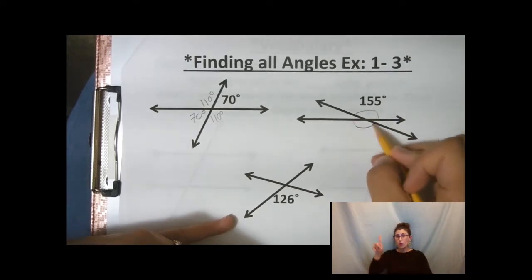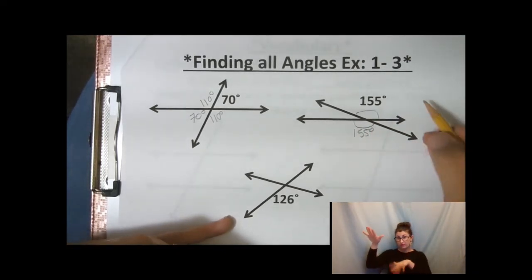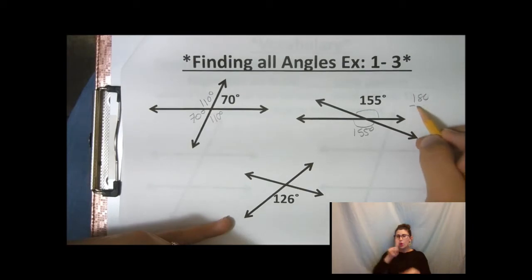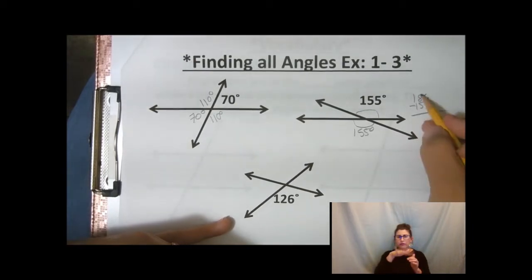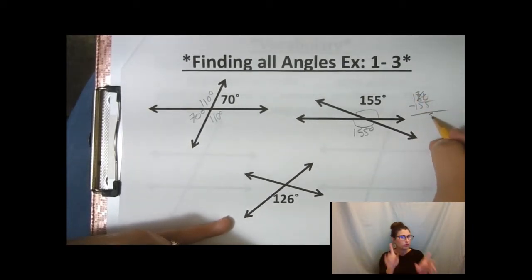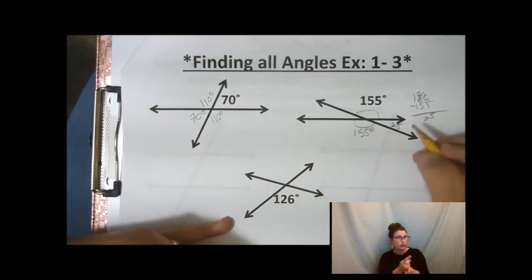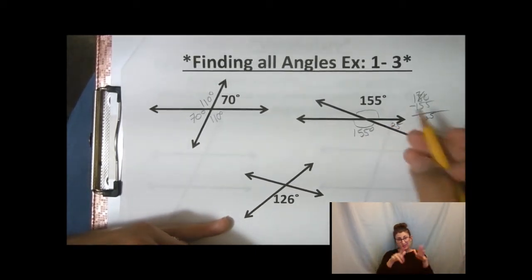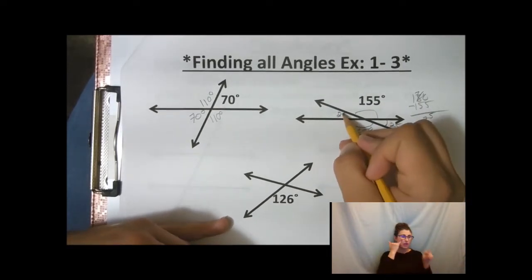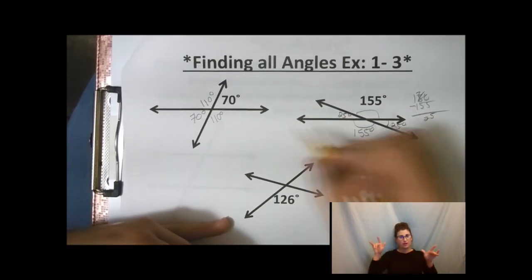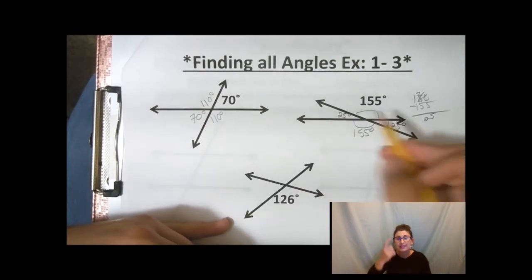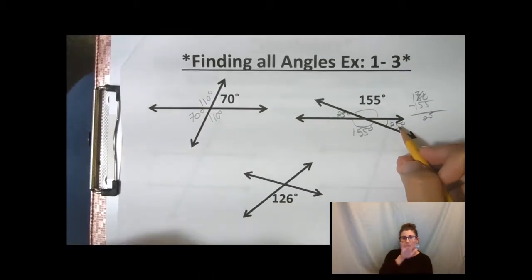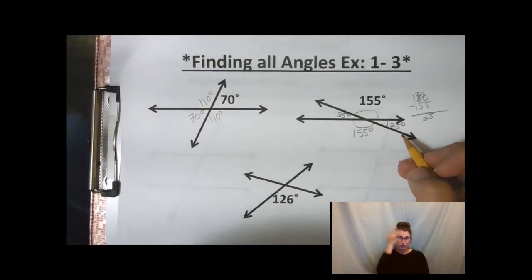If this is 155, this is 155. 180 minus 155. Okay, make sure you subtract correctly. So 25, verify, 55 plus 25, 50, 60, 70, 80, so 180, perfect. If this is 25, so is that one. And don't forget to be writing the degree measurements. You should be writing those degree measurements.